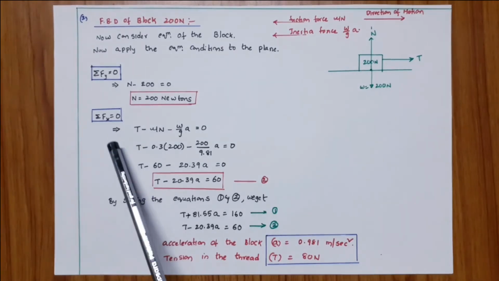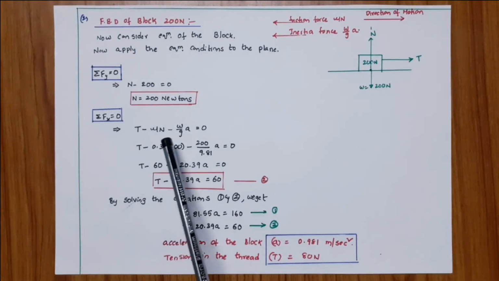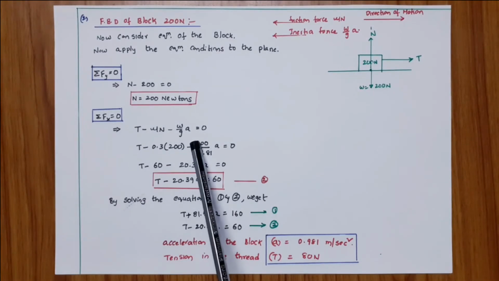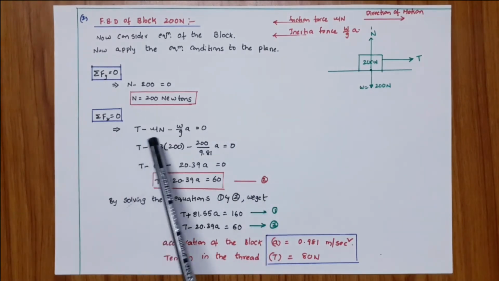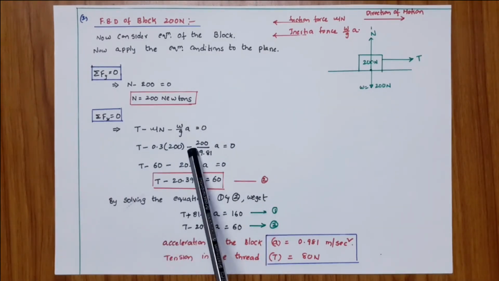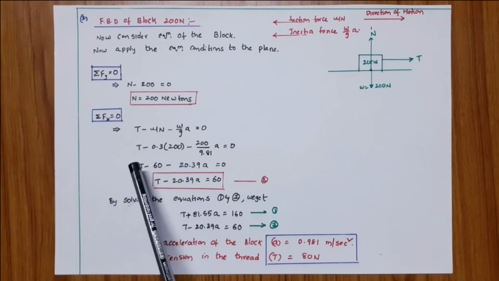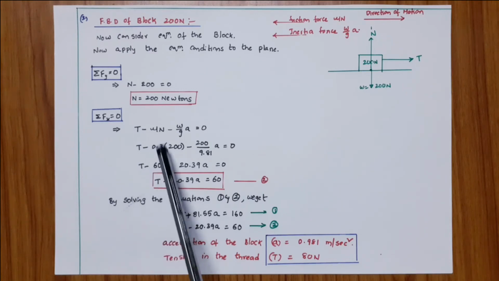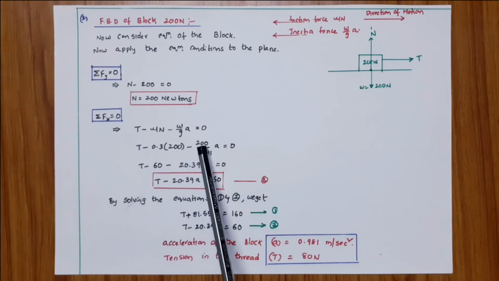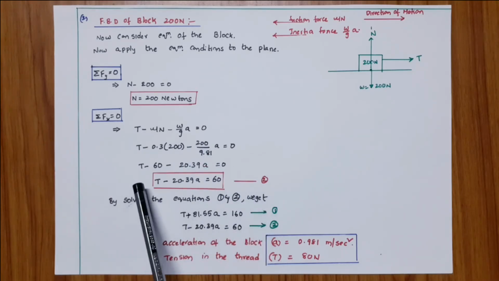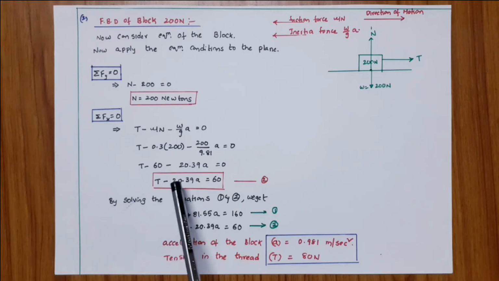So T minus mu N minus W A by g equal to 0. T minus 0.3 into 200 minus 200 by 9.81 into A equal to 0. So T minus 60 minus 20.39A equal to 0. T minus 20.39A is equal to 60. This is equation number 2.